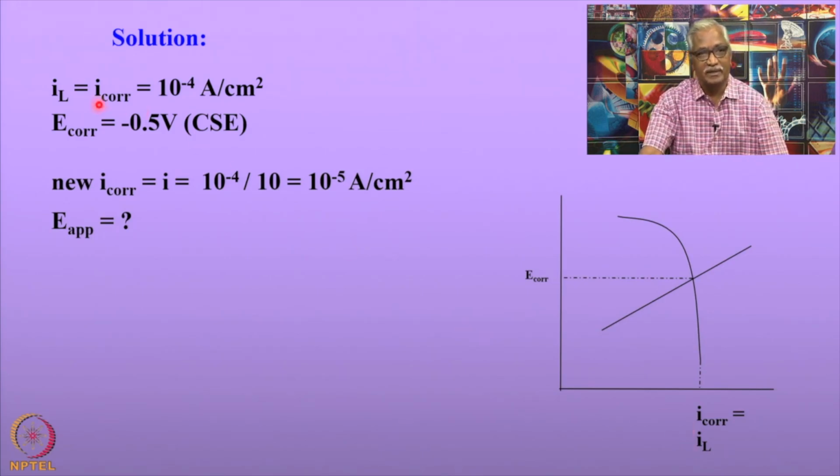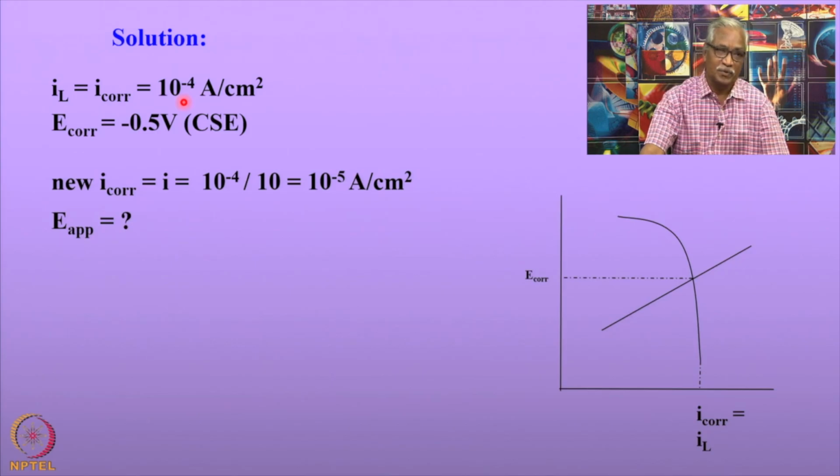So, IL corresponds to I car, which is 10 power minus 4 ampere per centimeter square, and E car is given as minus 0.5 volt with respect to copper saturated copper sulphate reference electrode.